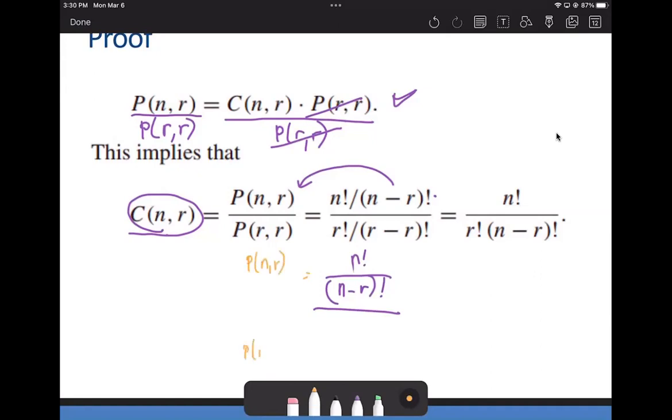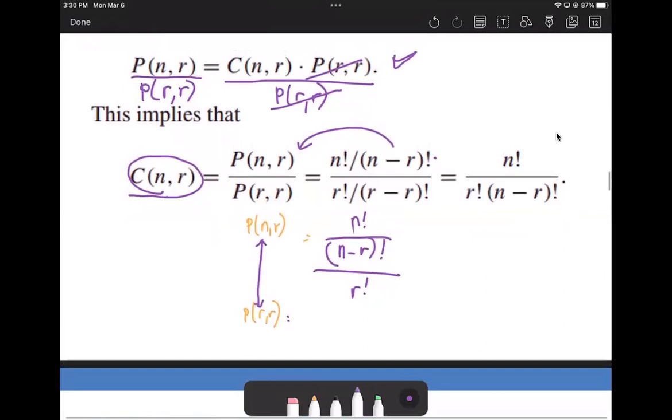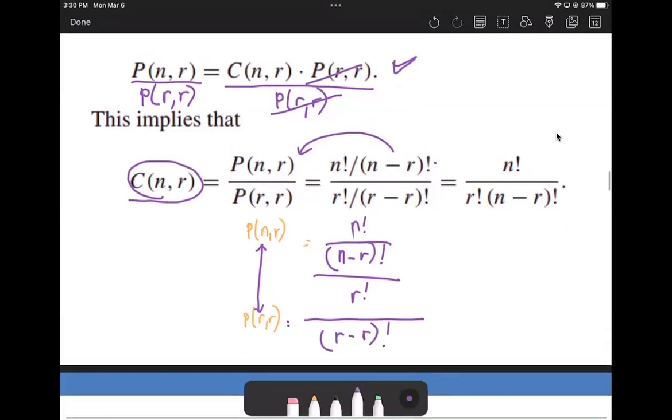So for the p of r taken r, kumbaga i-replace nyo lang ito siya. You just have to replace this n with r. So we have r factorial divided by r minus r na factorial. Okay? So yeah, so this is the big one.